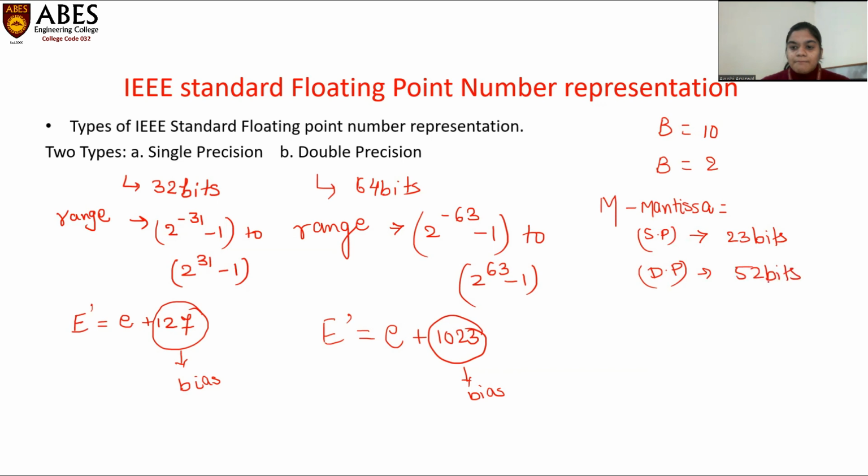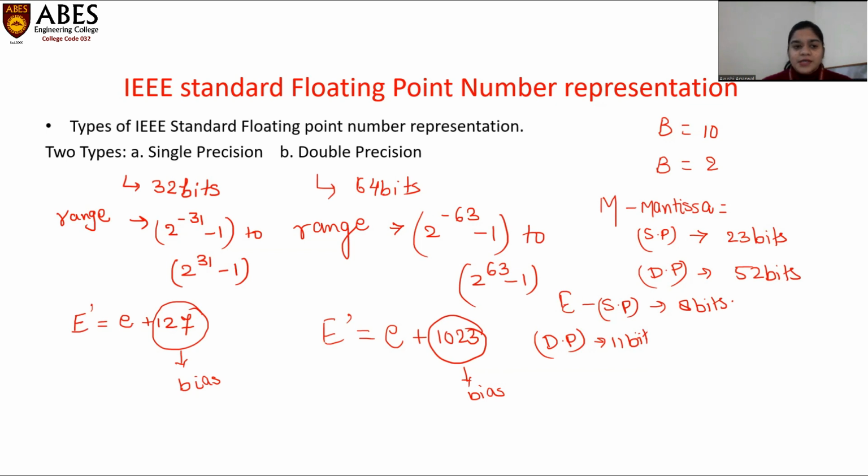Talking about the exponent or E, in case of single precision, our exponent will be of 8 bits. And talking about double precision, our exponent should be of 11 bits. So these are the basic points about single precision and double precision in floating point IEEE standard representation.